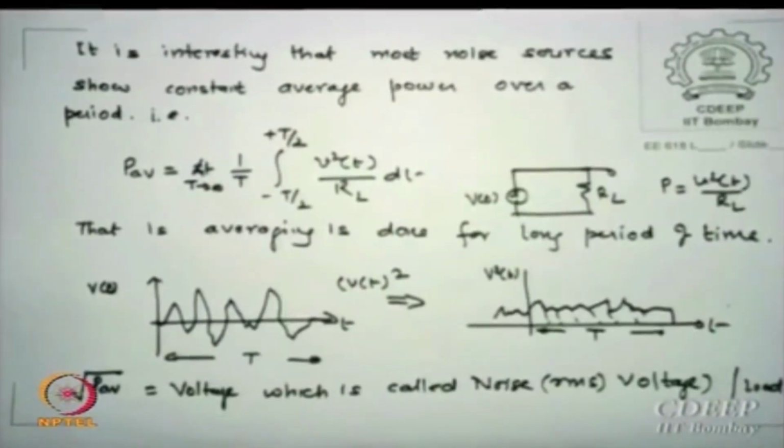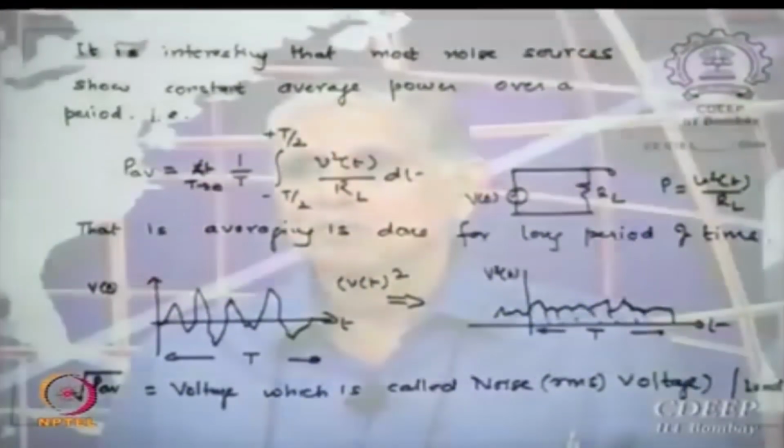But in the normal case this is time domain analysis. If you take the frequency spectra for this, we find that at different frequencies the power is not the same. This is called the power spectral density, or PSD.